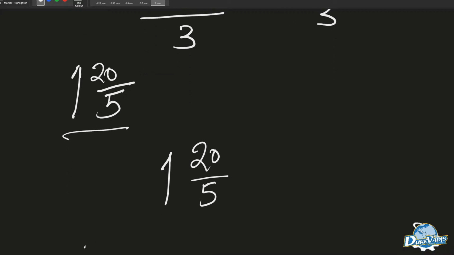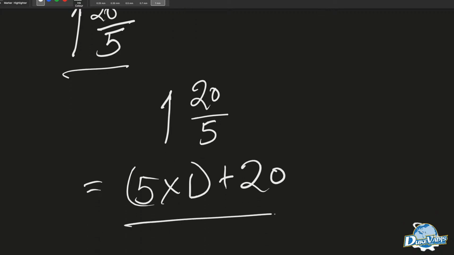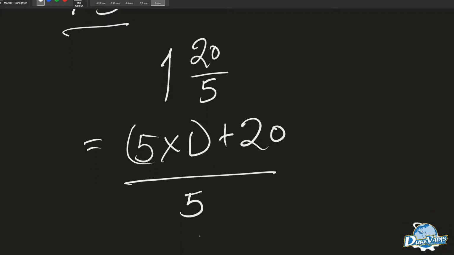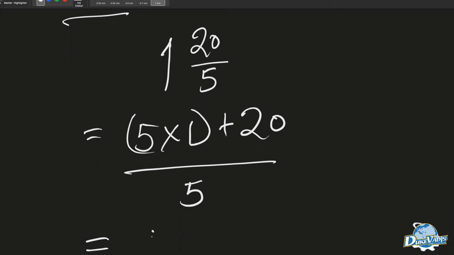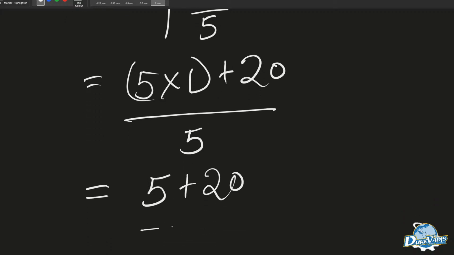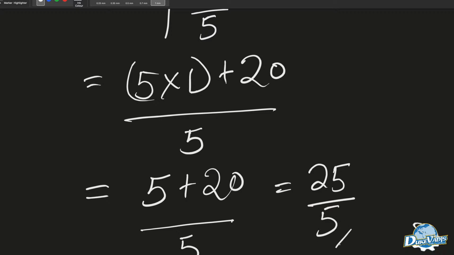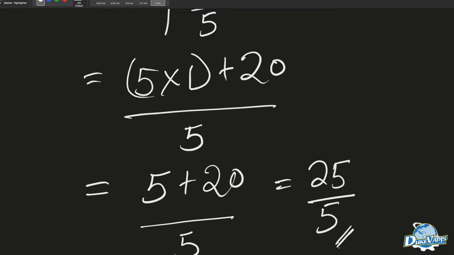So we say 5 times 1 plus our 20 all divided by 5. And we know that 5 times 1 will be 5, plus 20 all over 5. So 5 plus 20 will give us 25 over 5. So this is our fraction.